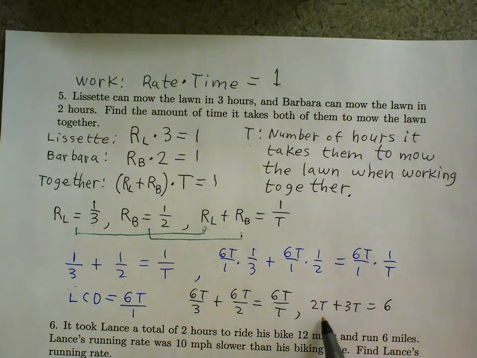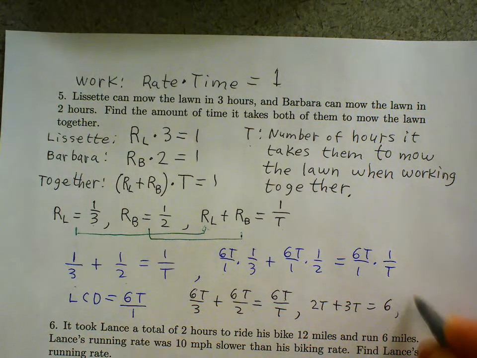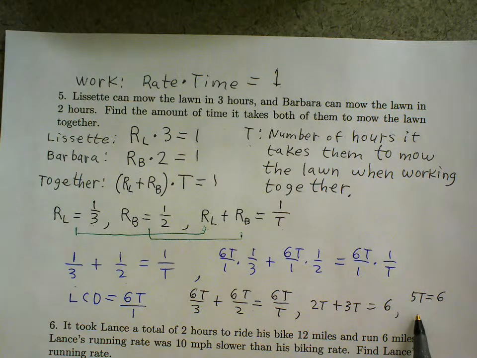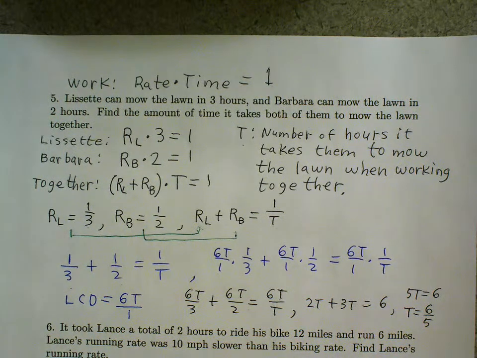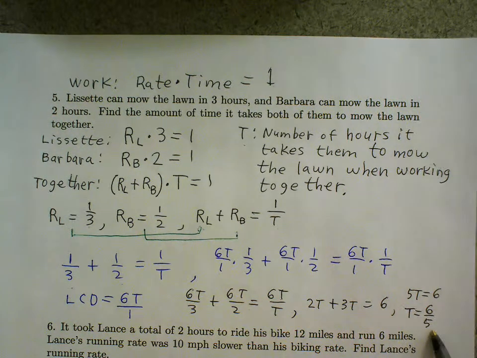And then 2T plus 3T is 5T. And then lastly, divide both sides by 5. So we get T equals 6/5. So 6/5 hours. So that's 1 hour and 12 minutes. So that's how long it takes them.